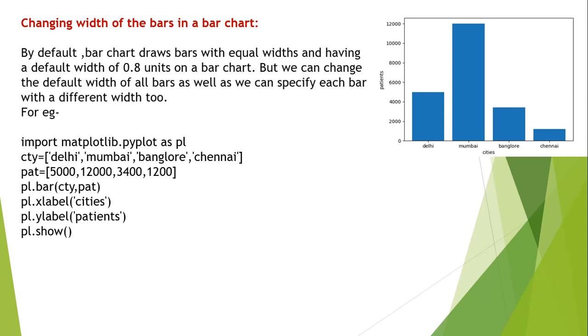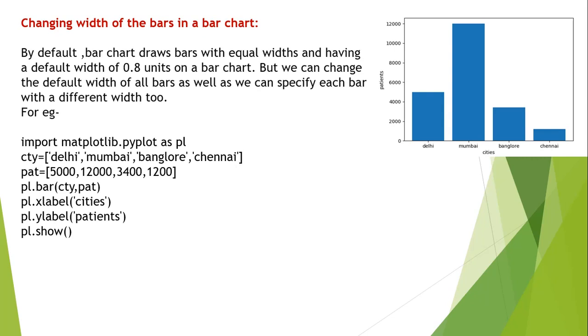Now you can see for each particular city, Delhi, Mumbai, Bangalore and Chennai, the width of the bar is equal. Why is it equal? Because we have not given any particular width for each individual bar, so it is taking the default width of 0.8 units for each city.